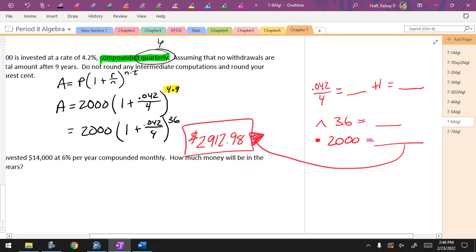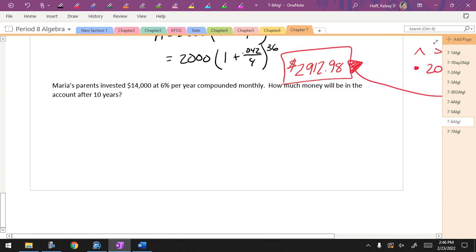Okay. All right. I want you to try Maria's parents' problem on your own. Maria's parents invested $14,000 at 6% per year, compounded monthly. How much money will be in the account after 10 years? Create the equation.